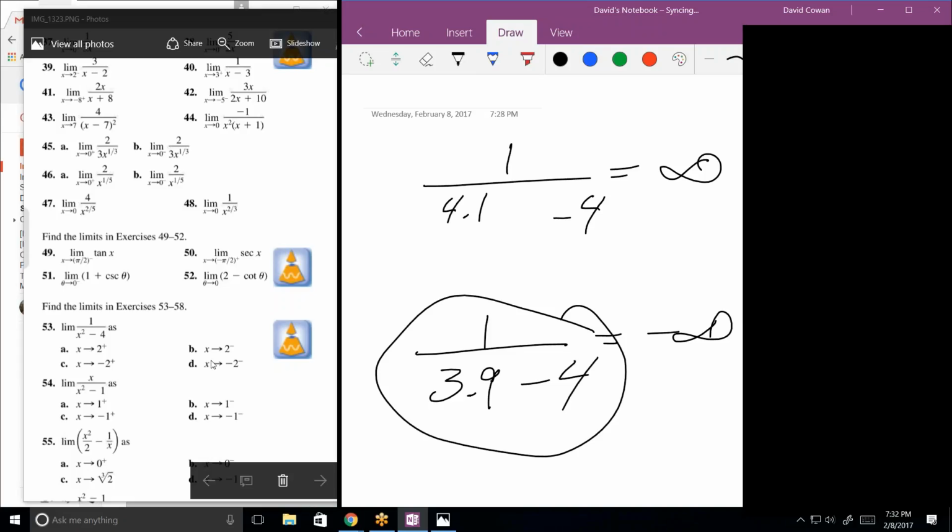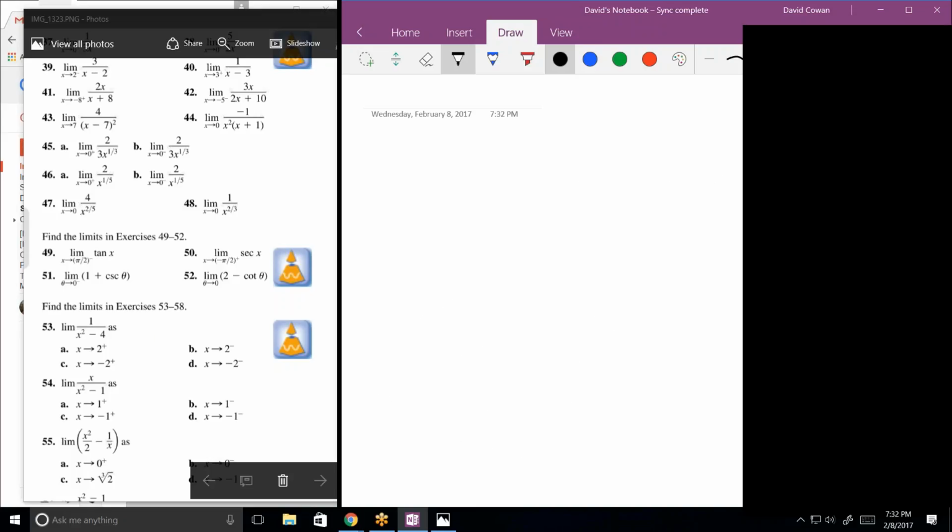That's because we're squaring it before we subtract 4. Notice that it would make quite a bit of difference if the problem was this. If the problem was actually 1 over x minus 4 squared, and I'm approaching 4 from the left or right, it wouldn't matter.